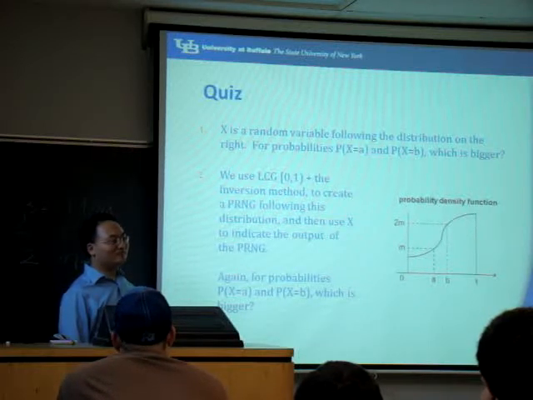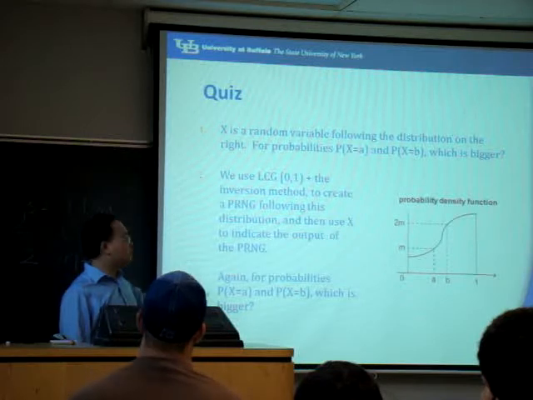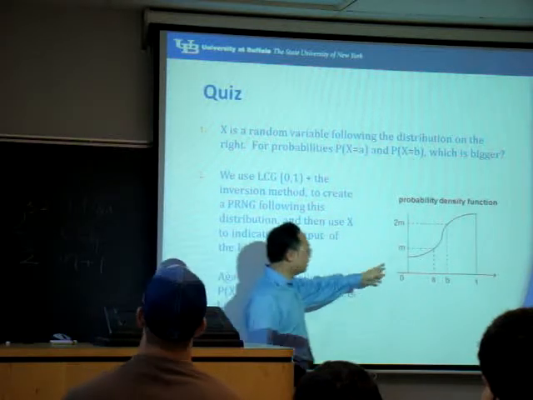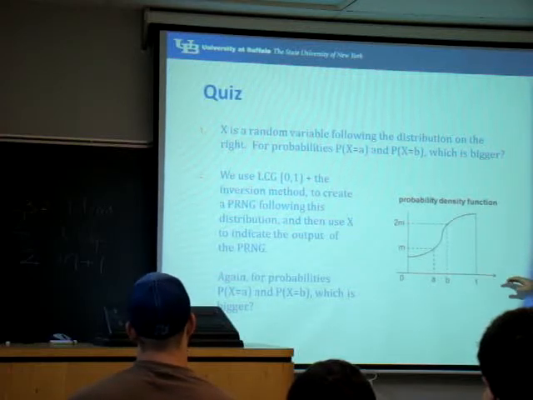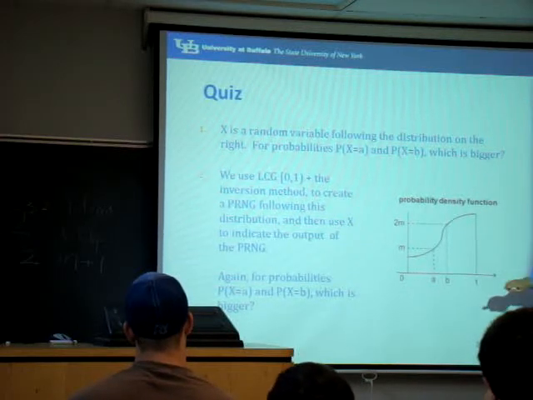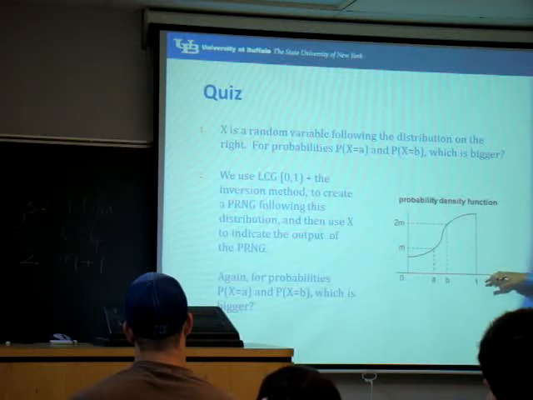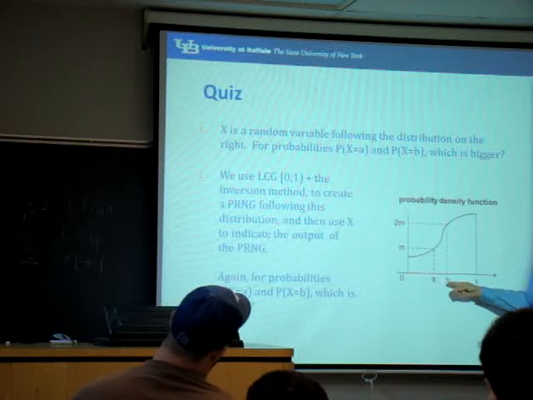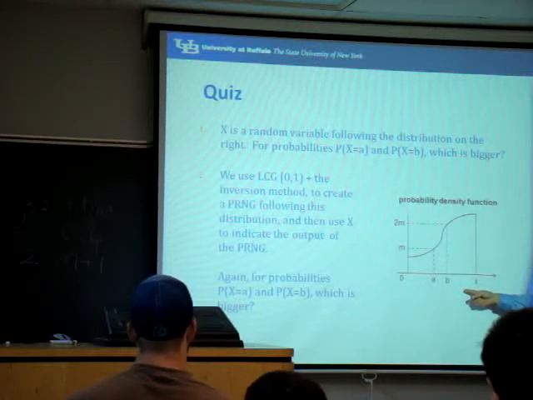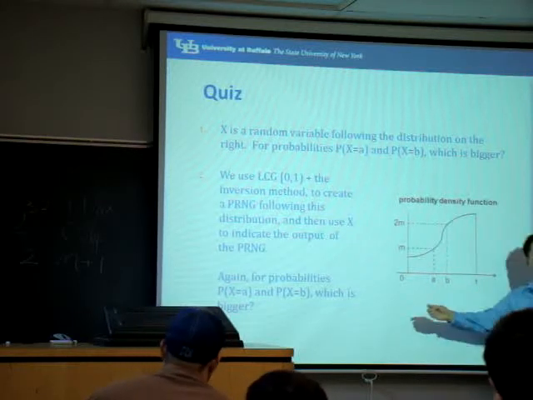Anyone? The only difference is this time, when simulating this distribution, we use a random number generator and the inversion method. Then we generate numbers. So for the result equaling A and the result equaling B, which is bigger? Which one? Can anyone answer?